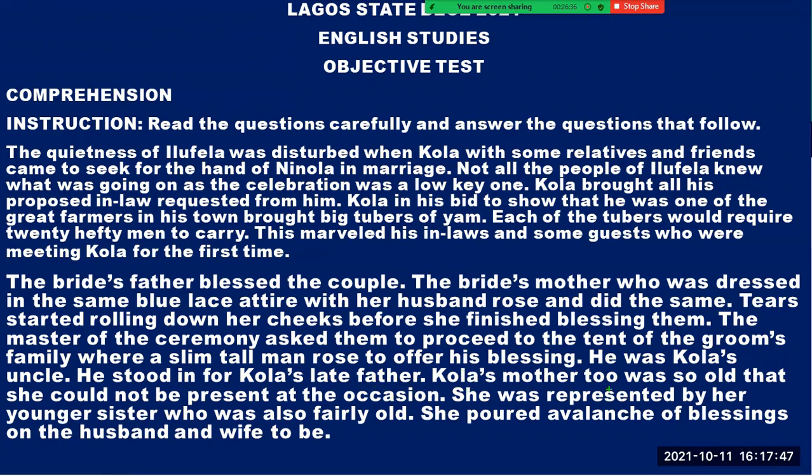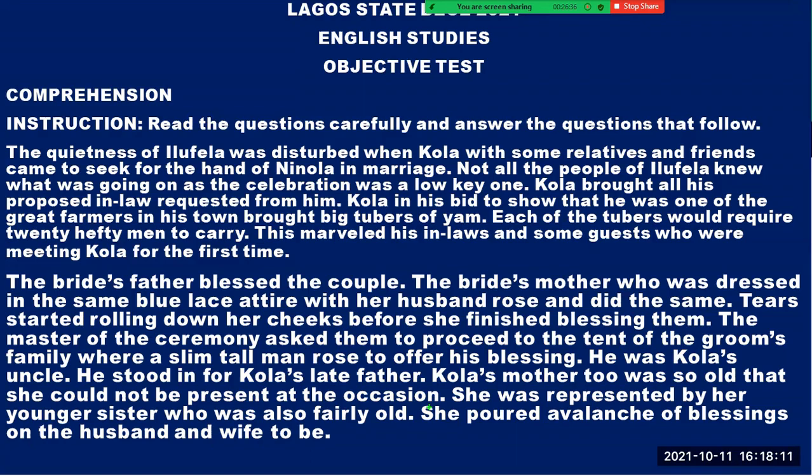Now, Kola's mother too was so old that she could not be present at the occasion. So it is the groom's mother that was absent, not the bride's mother. All right, the bride's mother attended and in fact wore the same blue lace that the husband wore, and she also blessed the couple as the husband did.